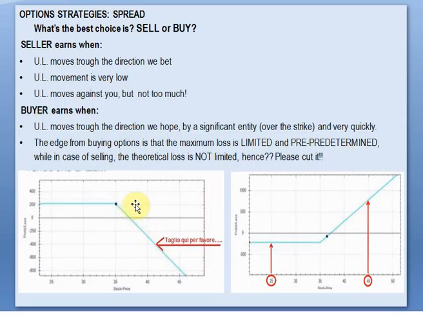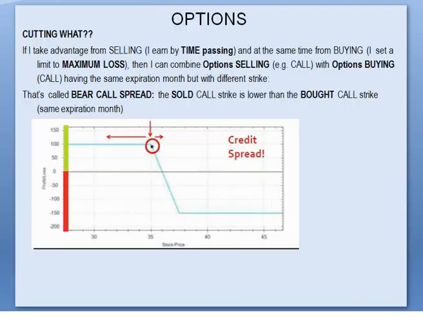Easy. I can simply combine the advantage of selling with the advantage of buying, and I create a combination, a strategy. So, if I take the advantage from selling, I earn by time passing here, and at the same time, I take the advantage from buying option by setting a limit to the maximum loss.